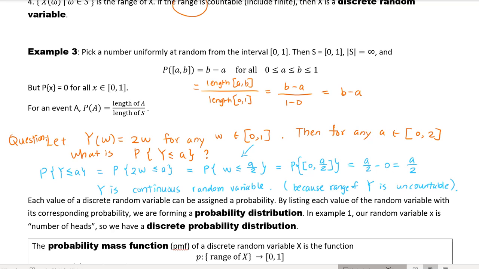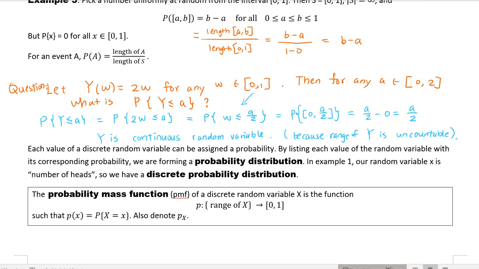And in chapter 4, the remaining chapter 4, we will talk about more discrete distributions. And in chapter 5, we will talk about continuous distributions.